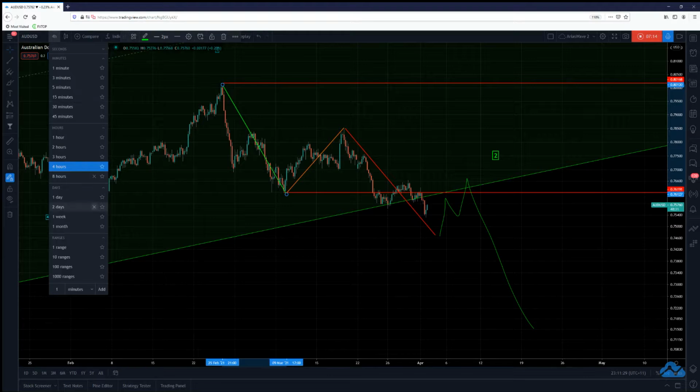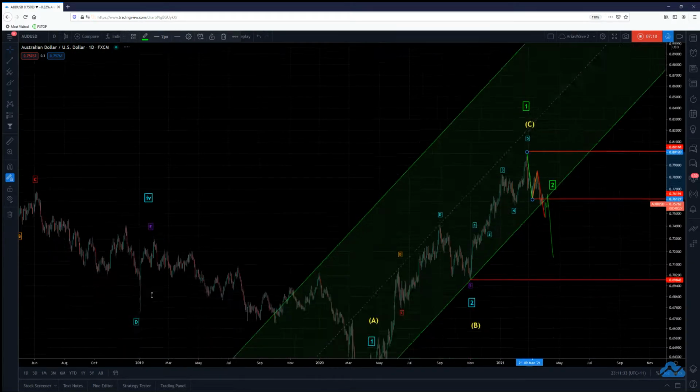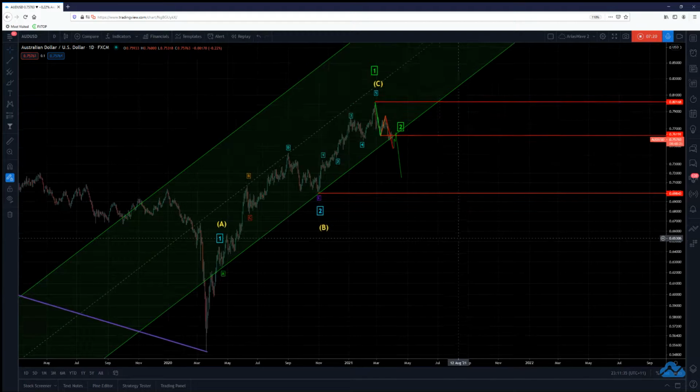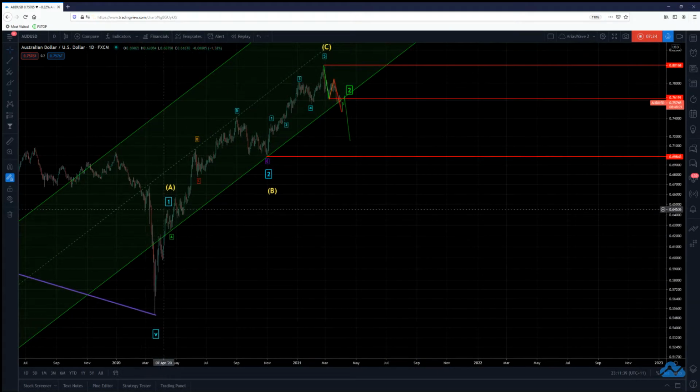So, what does this all mean? If you go back to the daily chart, you can see quite clearly that this is an uptrend. It started in March 2020. We had a 1A. So, we're going to get rid of these yellow labels because I don't believe that's right.